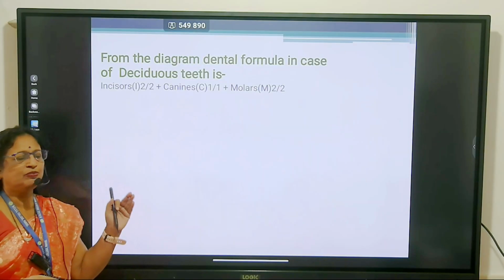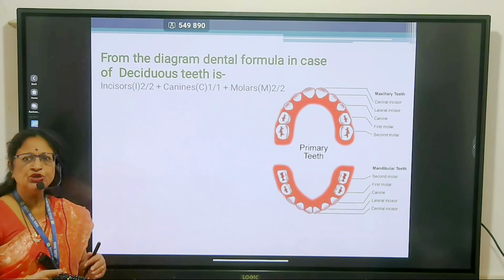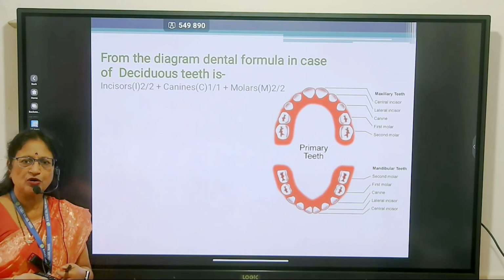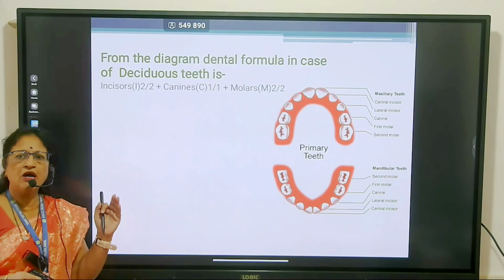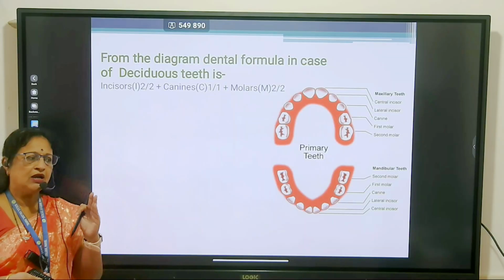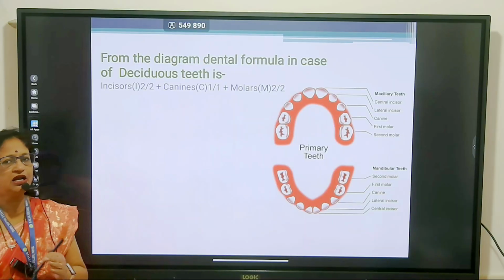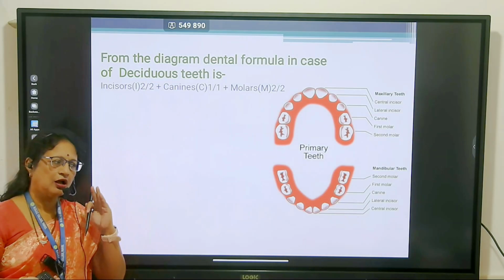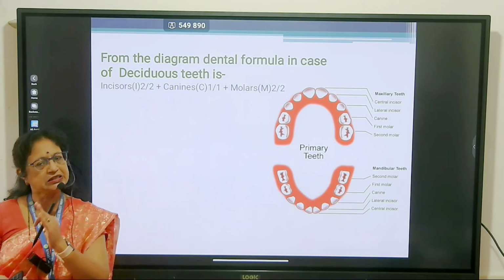In the case of deciduous teeth, these are the deciduous teeth or milk set of teeth, where there are two incisors. While considering the dental formula, the half part of either the lower or upper jaw is considered.